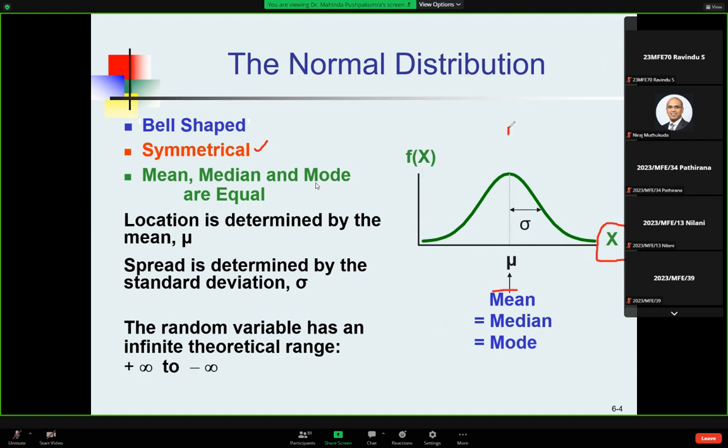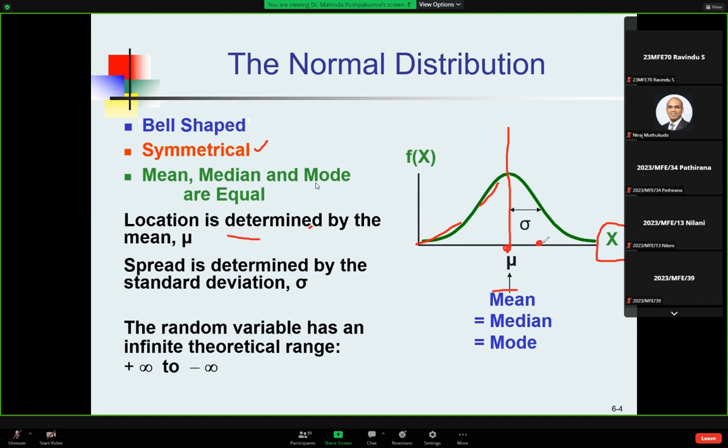That means if you divide it into two, both sections are identical. Then the location is determined by the mean. Mean is here. Then the distribution is around the mean location.